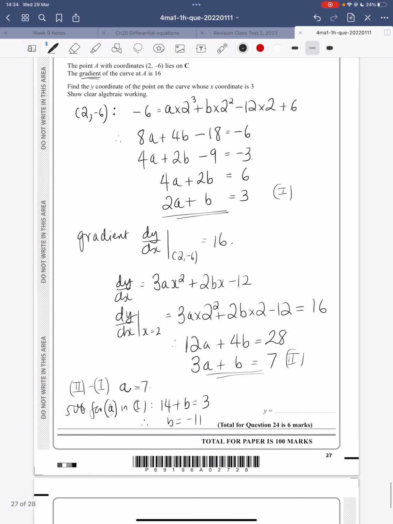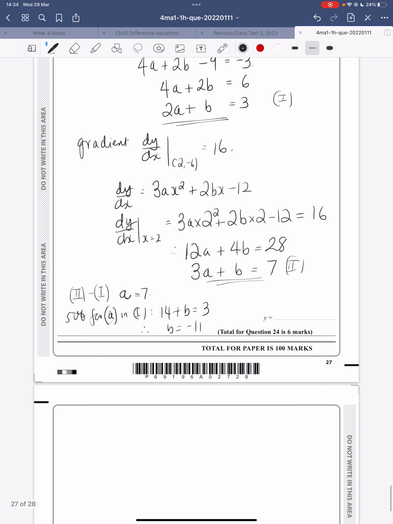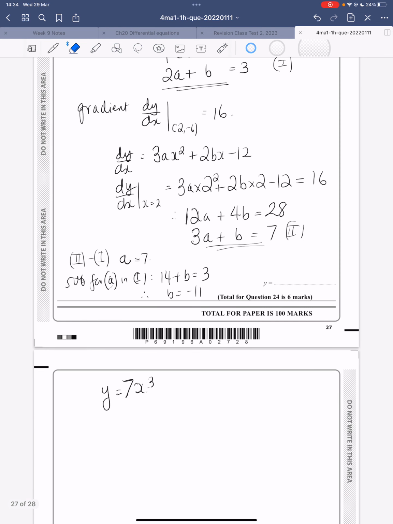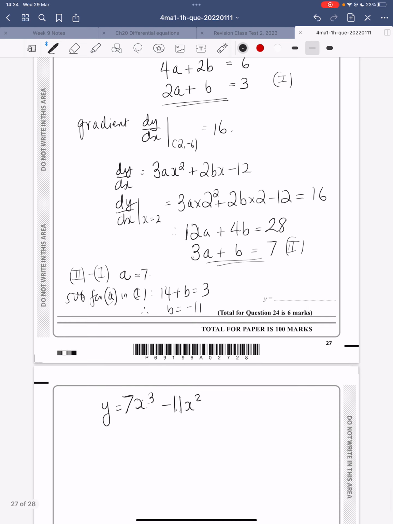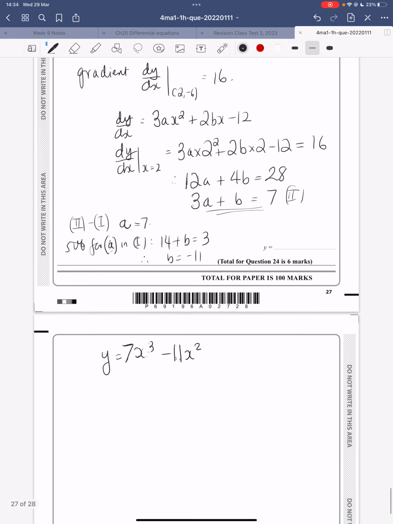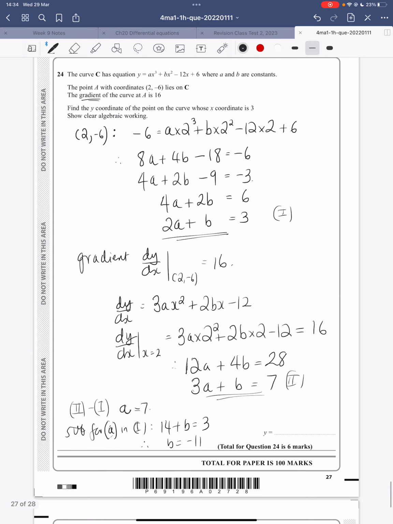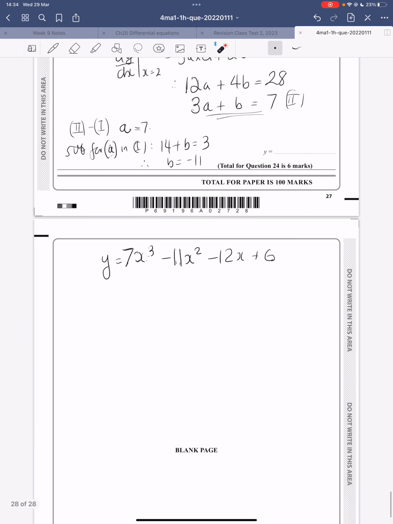Just going to go on to this next page here. So we've got 7x cubed, and then plus bx squared, minus 11x squared minus 12x plus 6. And we want, it says, find the y coordinate when x is 3.